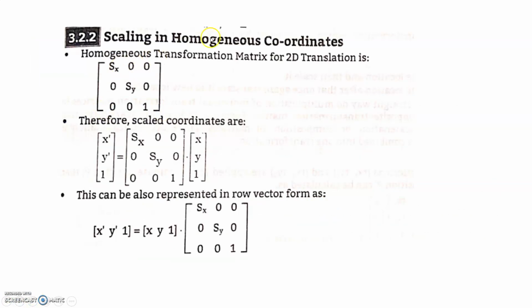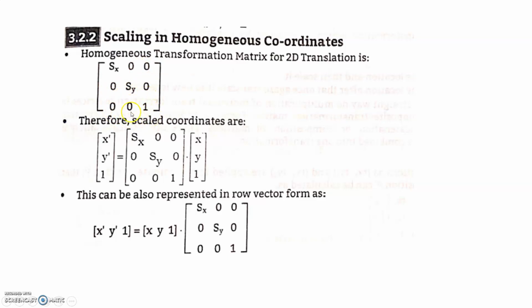The next is scaling in homogeneous coordinates. In the last video we studied the scaling matrix for 2D. You have to just add one here. The homogeneous scaling transformation matrix for 2D is sx 0 0, 0 sy 0, 0 0 1.